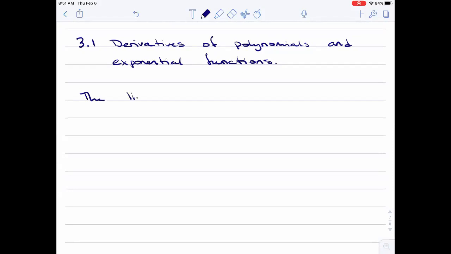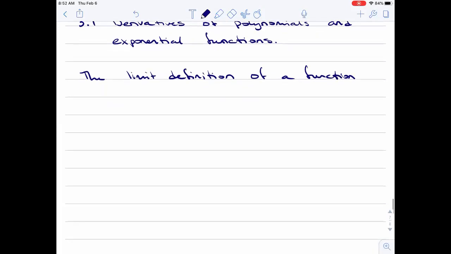Like we said, the limit definition of a derivative.